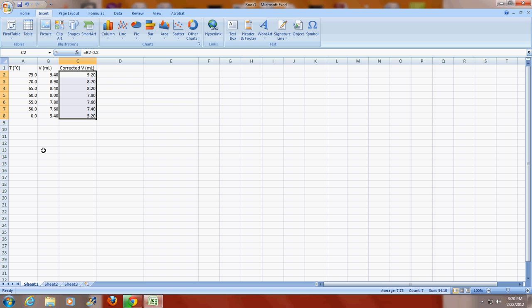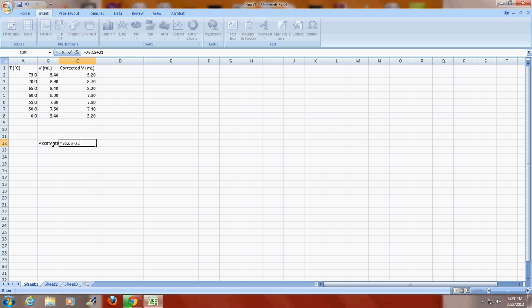Okay, and you'll see I've already formatted these so that they have the correct decimal places as indicated in the experiment. Okay, so it tells me that I need to do a corrected pressure that I need to use in calculations. So this is pressure corrected. It tells me that I need to take the pressure that was recorded, which was 762.3, plus the millimeters of water that were measured, and I think you guys said it was 21.